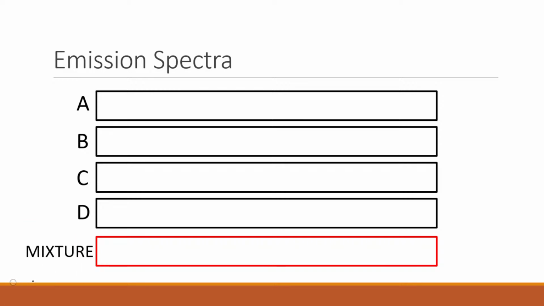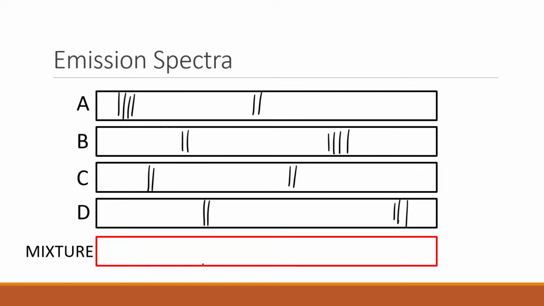If I look at a set of emission spectra lines, I know that these 6 lines together would represent element A. These 6 lines together would represent element B. These 4 lines represent element C. These 5 represent element D. If I have a mixture of multiple elements or an unknown, right, any type of unknown, I can look at the spectral lines that they make.